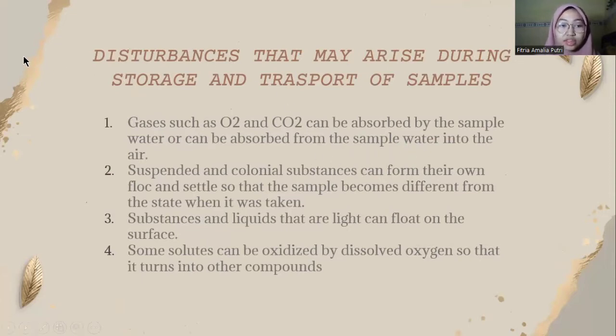And the second, suspended and colloidal substances can form flocs and settle so that the sample becomes different from the state where it was taken. The third, substances and liquids that are oily can float on the surface. And some solutes can be oxidized by dissolved oxygen so that they turn into other compounds.